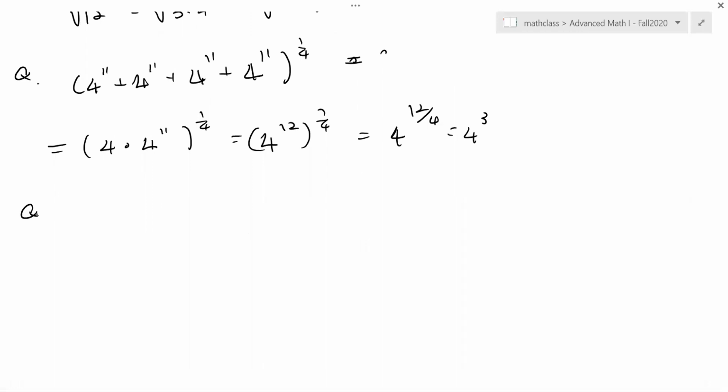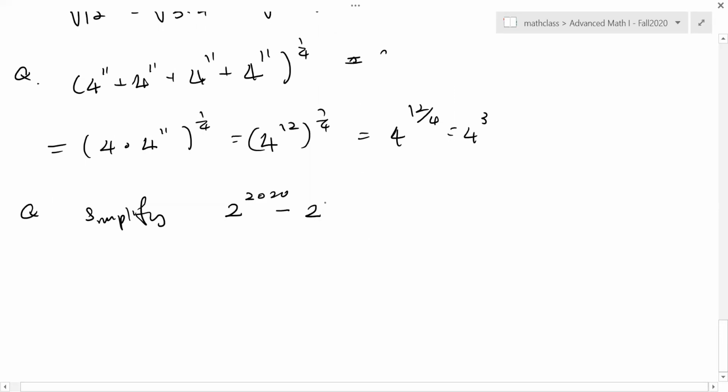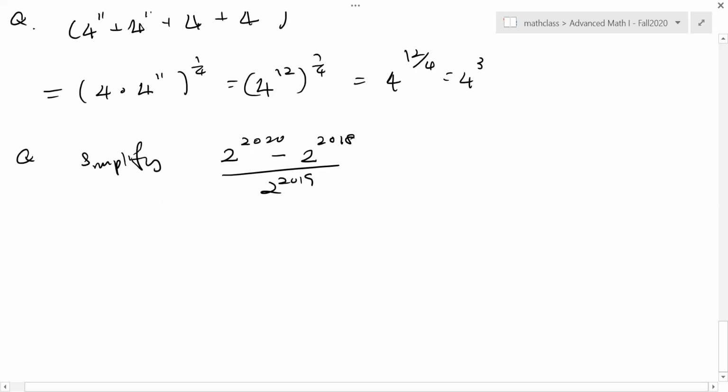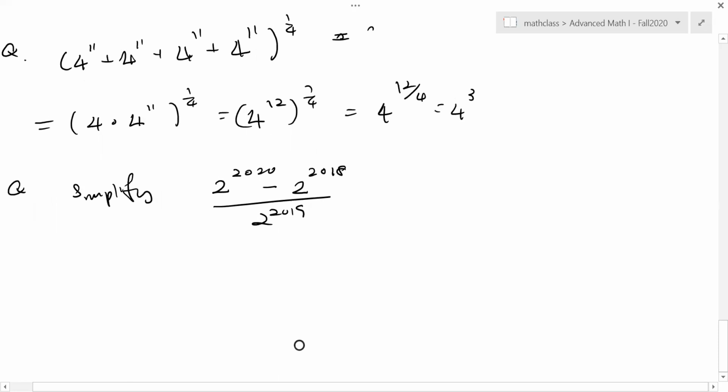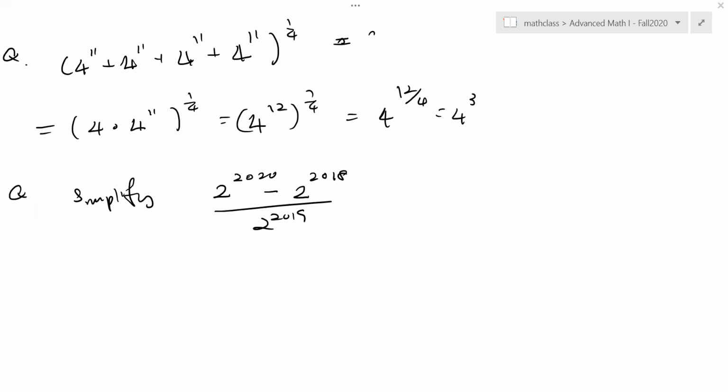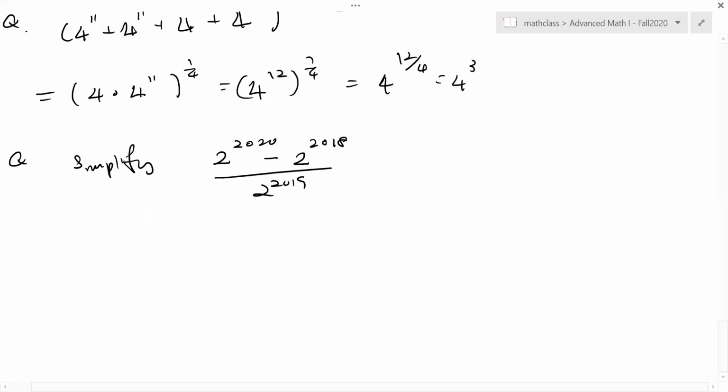Yeah, good job. Next one. All right, so let's simplify the next one: 2 to the 2020 minus 2 to the 2018, divided by 2 to the 2019. Can you simplify it?